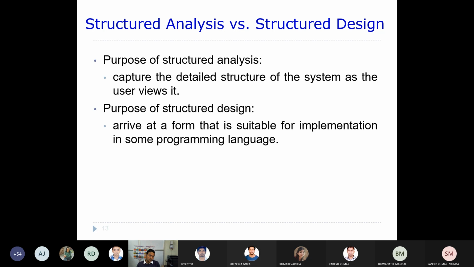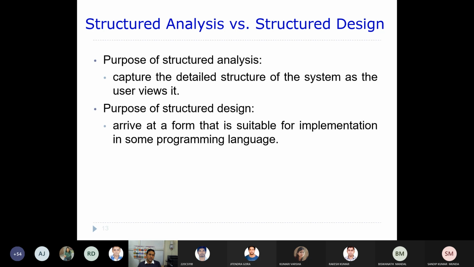So the purpose of structured analysis is what? It usually tries to capture the whole, detailed structure of the system as a user views it.